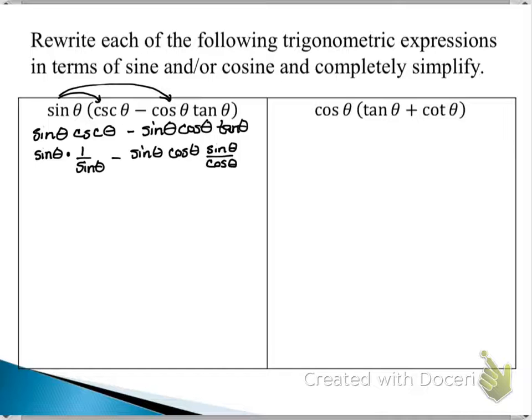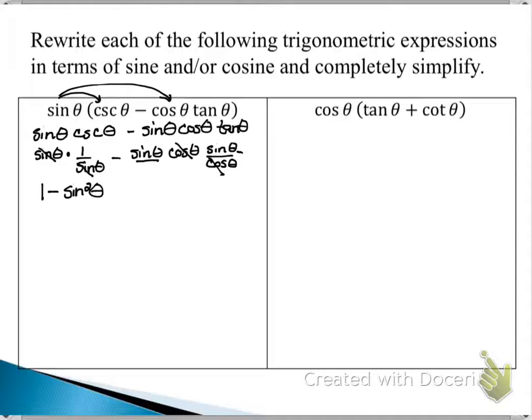All right, and so there's some simplifying that we could do. So we know that these cancel. We know that these cancel. And so now we have that it's 1 minus, and we have sine theta here and sine theta here. So it's 1 minus sine squared theta.